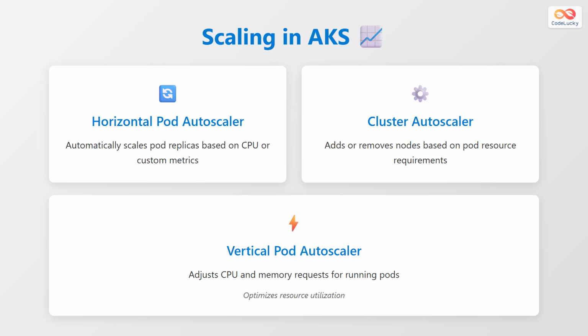Additionally, the vertical pod autoscaler adjusts CPU and memory requests for running pods, helping optimize resource utilization by right-sizing containers based on their actual usage patterns. These auto-scaling features work together to provide both application-level and infrastructure-level scalability.